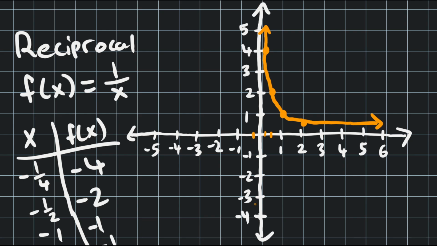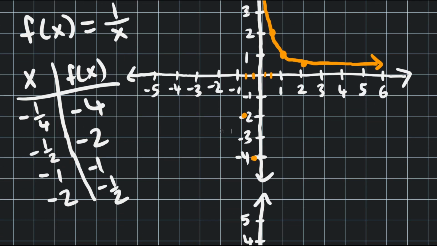So negative a fourth, comma, negative 4 is right here. And negative a half, which is right there, comma, negative 2, so that's right there. And then negative 1, comma negative 1 is right there. And then negative 2, comma, negative a half is right there.